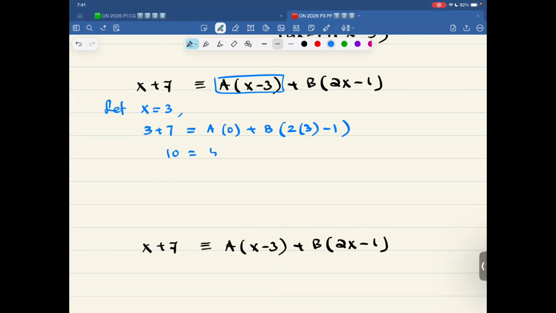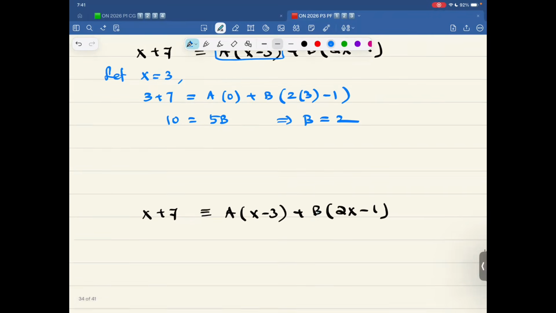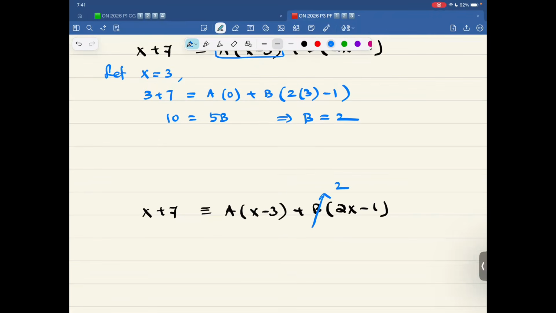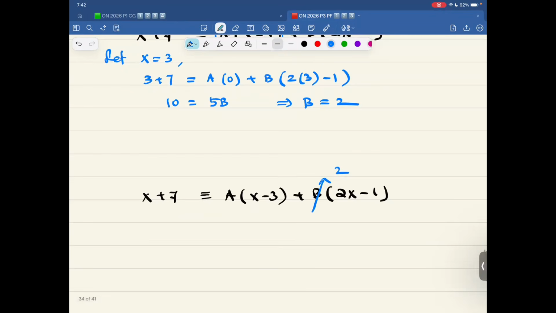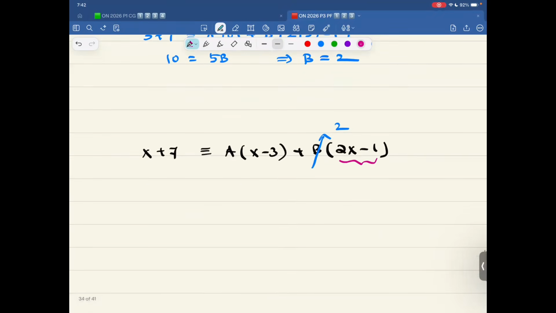This is 10, this is 5b. Therefore, b comes out to be 2. Now, there were two options. Either I could have substituted x equals half and cancelled out b and evaluated a, or I can choose any other value.